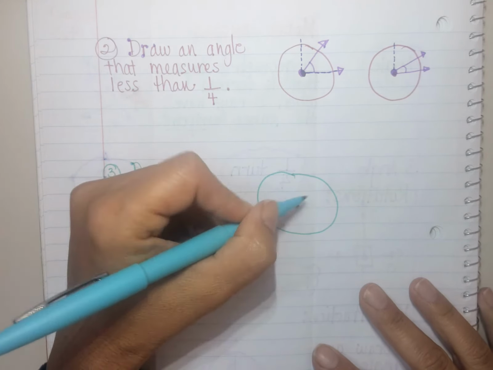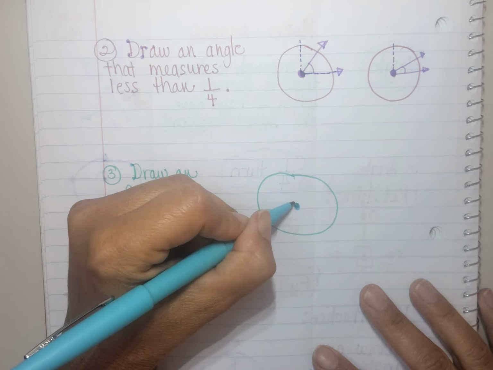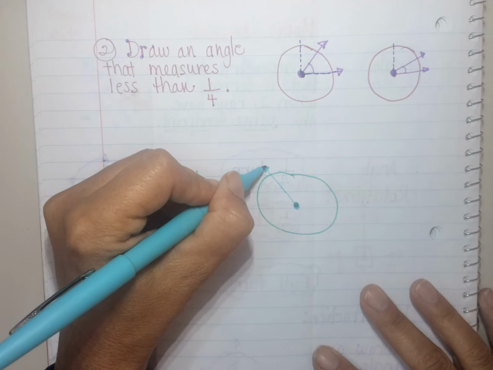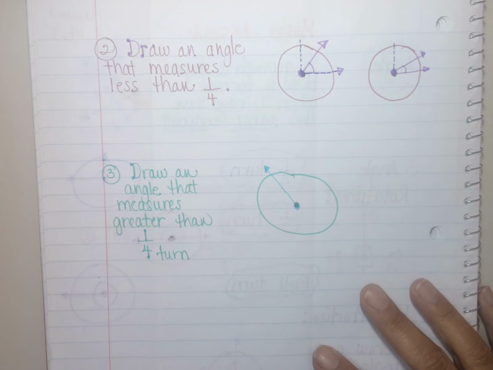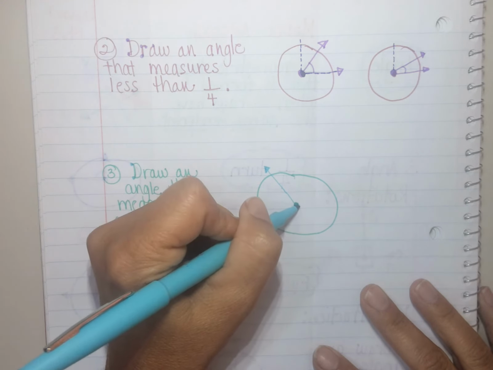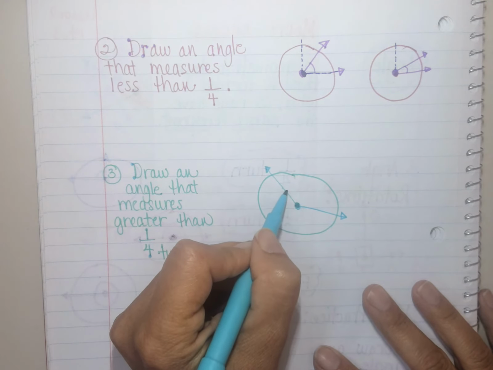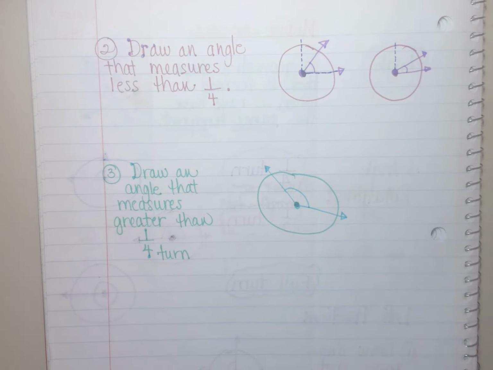Maybe you started with your end point, of course, and maybe you opened it up this way. And then you went that way. It's definitely bigger than a 1/4 turn.